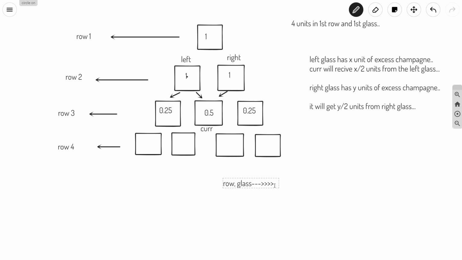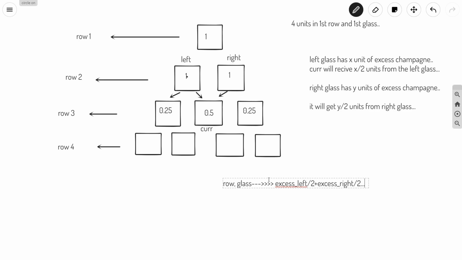So what will that be? It will be the excess of left by 2 plus the excess of right by 2.